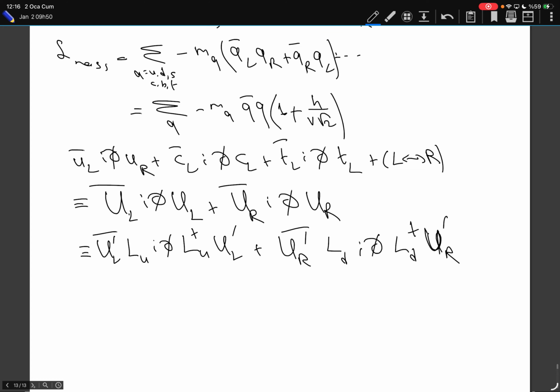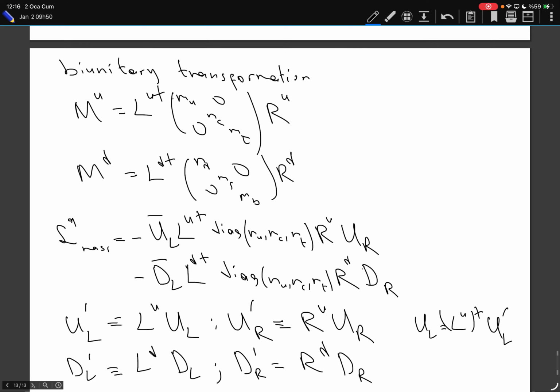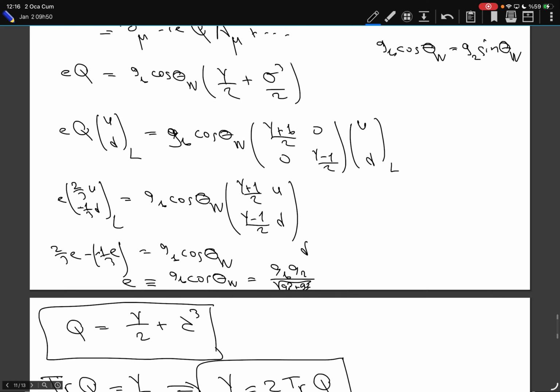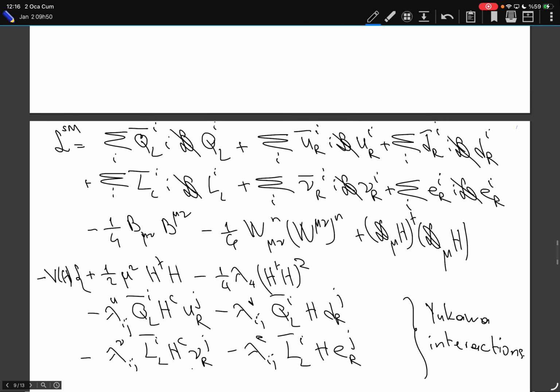But LU times LU dagger is the identity. LD times LD dagger is also the identity. So at the end of the day, what I have is UL prime bar i del slash UL prime plus UR prime bar i del slash UR prime, which basically tells me that although I changed my original definition of the fields, I started with diagonal kinetic terms in my Lagrangian.